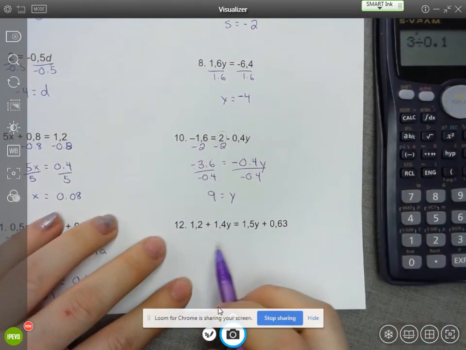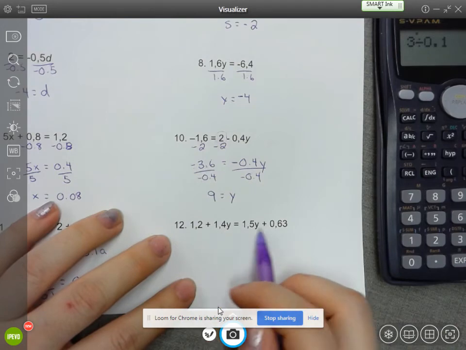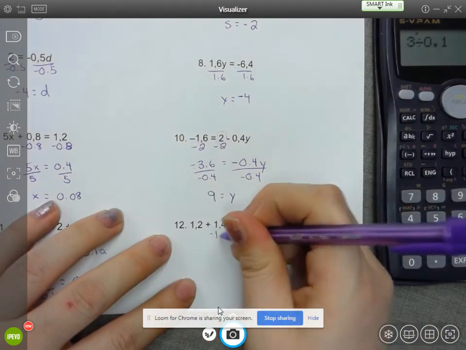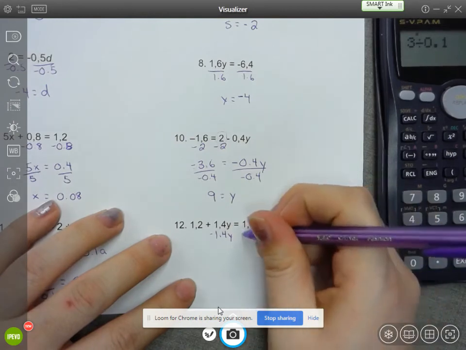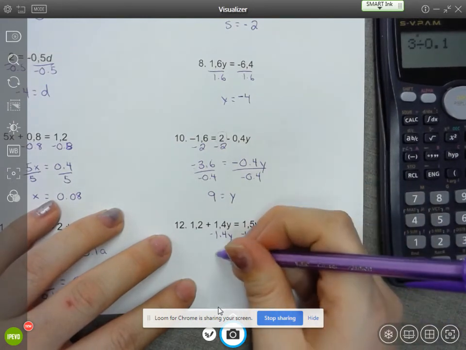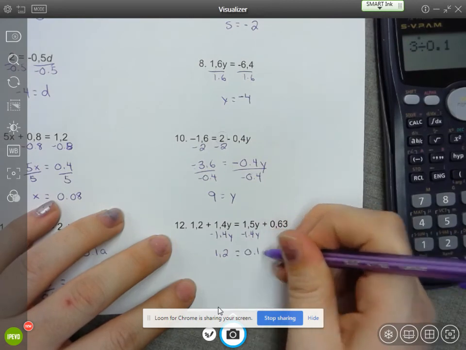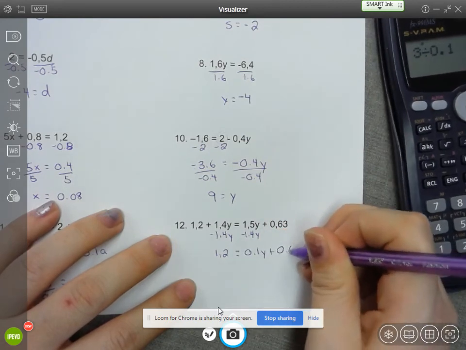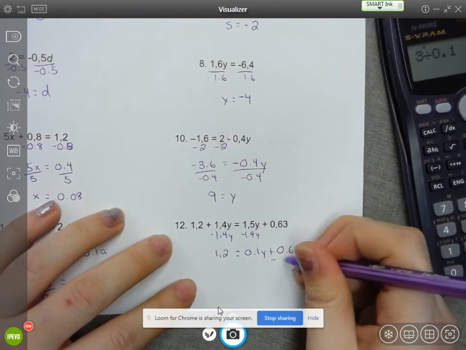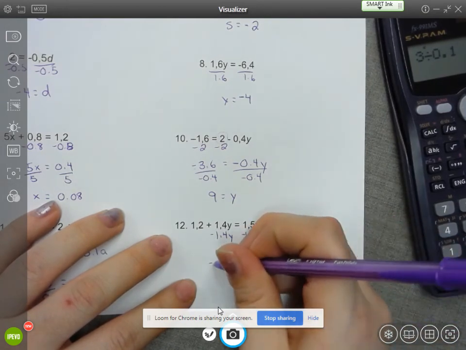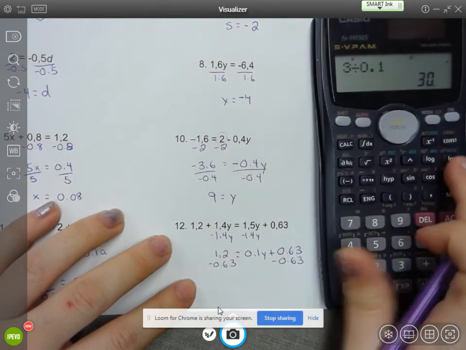Okay, and if we work with this last one, again, I'm going to start by putting my variables on the same side. So this one's smaller, so I'm going to move my smaller variable, which is leaving me with 1.2 is equal to 0.1y plus 0.63, minus 0.63, because that's the opposite of plus. What I do to one side, I'm going to do to the other.